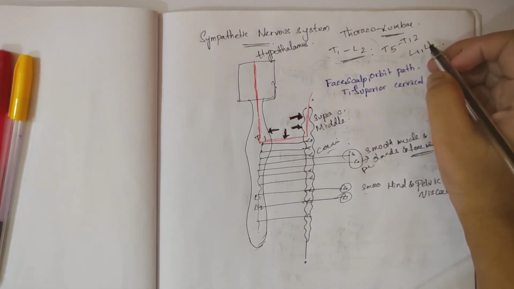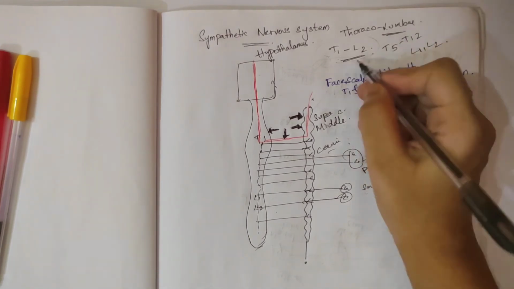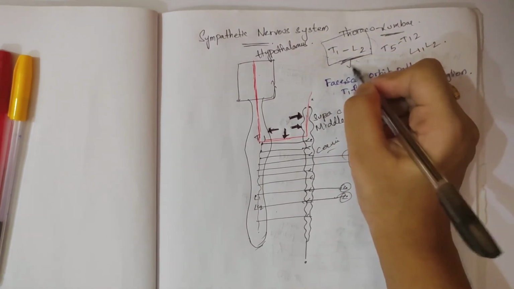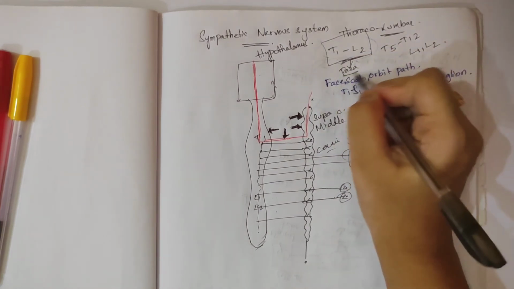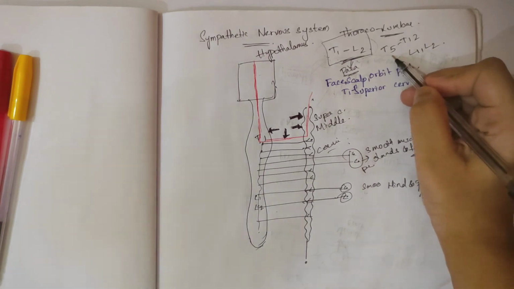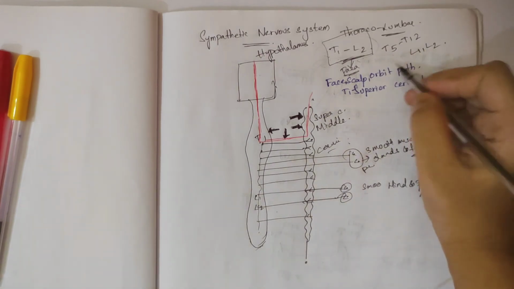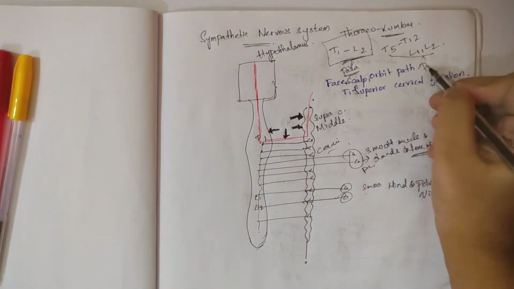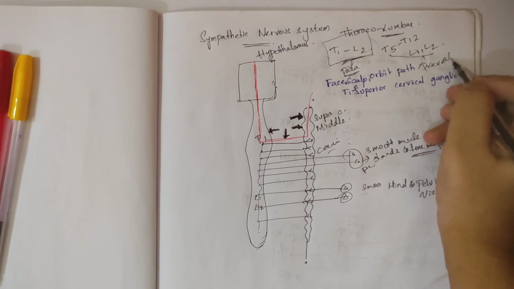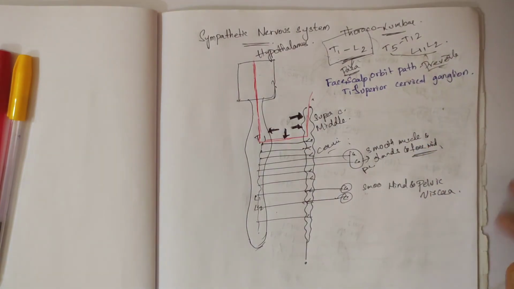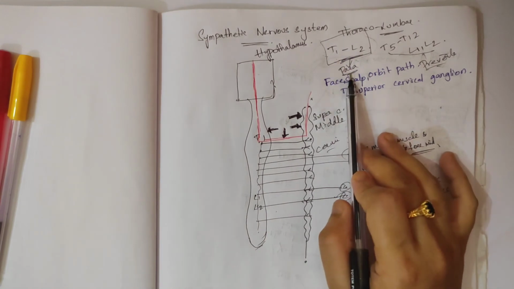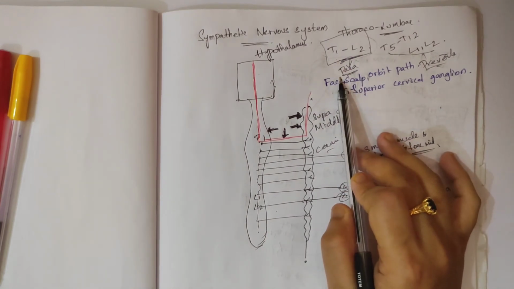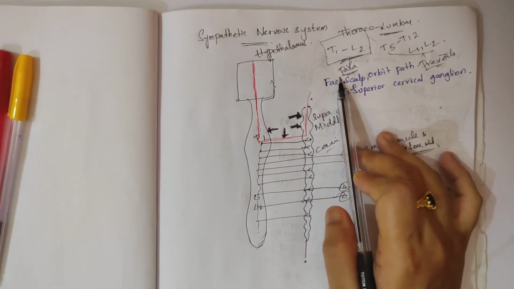So these spinal cord segments are called paravertebral ganglion, and these thoracic and lumbar segments are called prevertebral ganglion here.